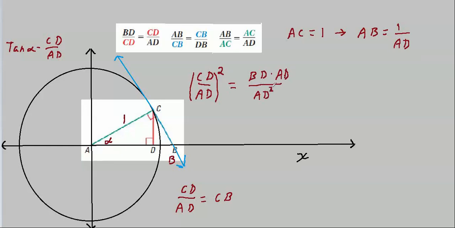Well, I think I see a cancellation going on here, right? So we can now set this equal to BD over AD.